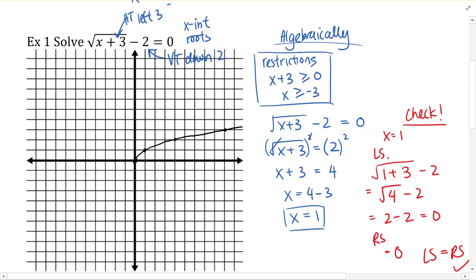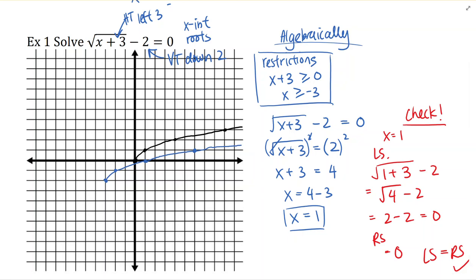So everything has moved 3 to the left. This point has moved 3 to the left and down 2. It's going to look something like so. If you want to map it, by all means, please go ahead. Okay, so that's what it's going to look like there.